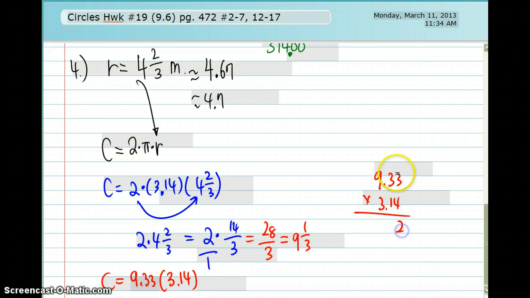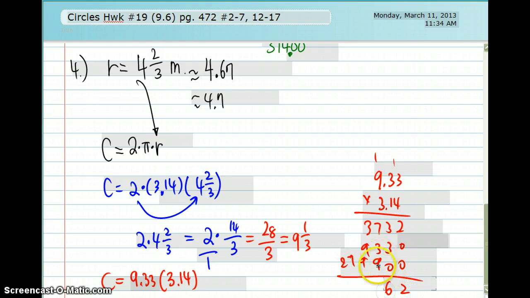The number is going to be a lot to multiply. But you guys are really good at multiplying, right? Okay, and I can double check it with my calculator if I wish to.